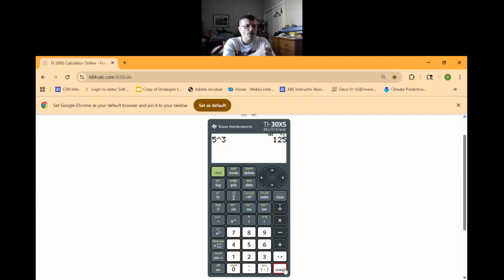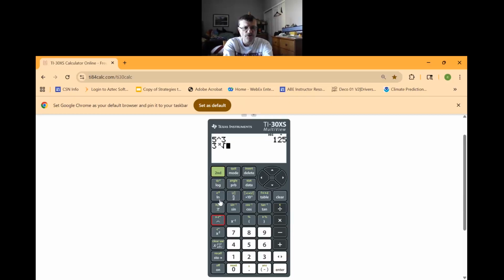Now let's say we want to take the cube root, or the third root, of this number here. This one requires a little bit of an extra step. If we want to find the third root, we're going to type in the 3 first. Then we access this lime green function, the square root with the x next to it. That is finding the root of whatever you're looking for.